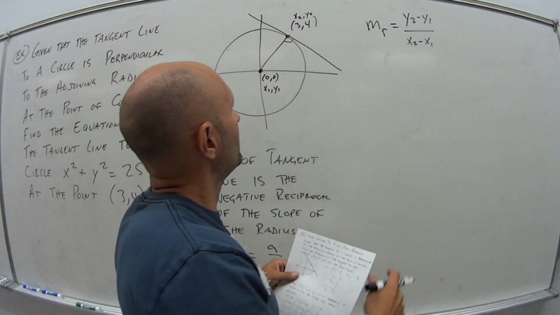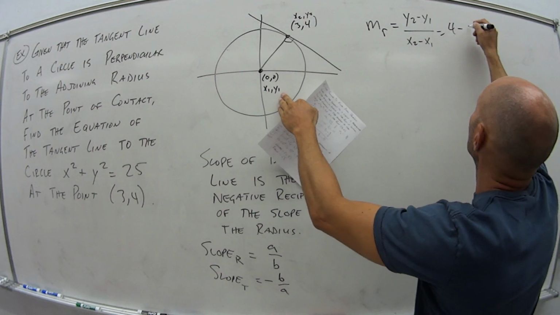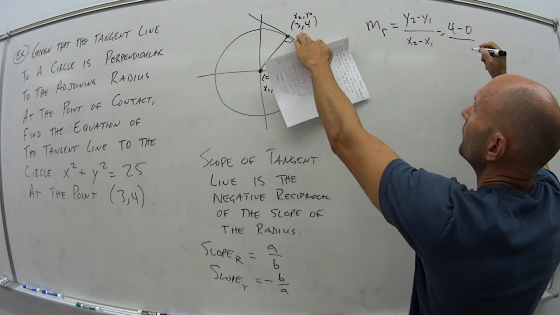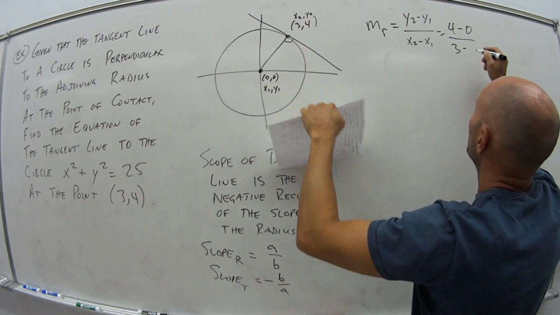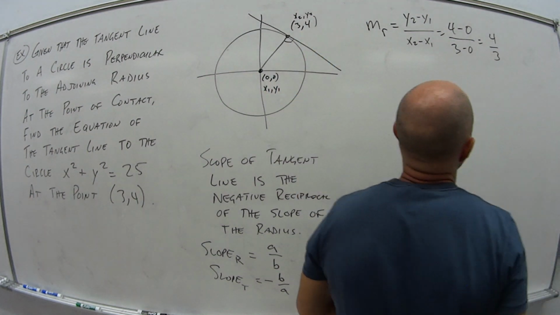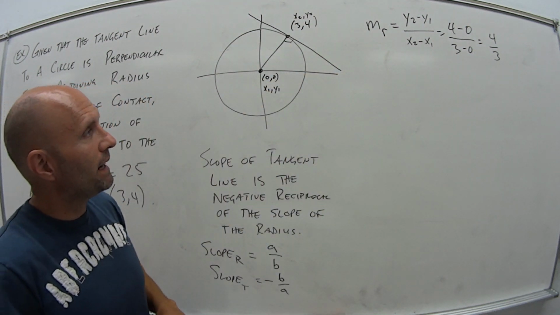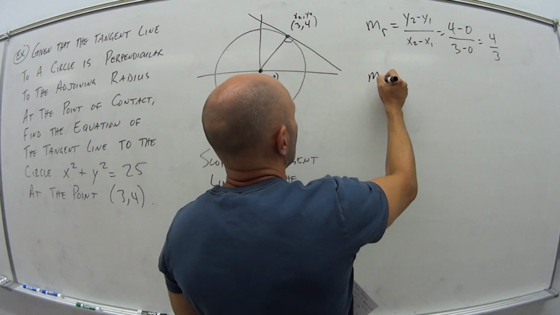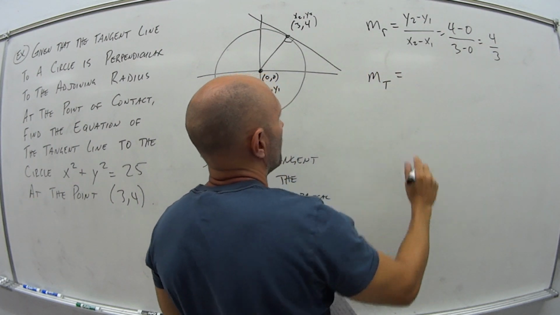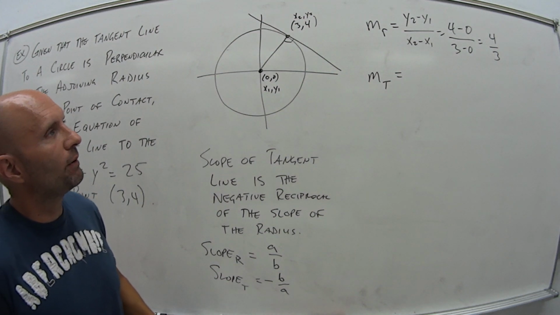So the slope of the radius is what? y2, which is 4, minus y1, which is 0, over x2, which is 3, minus x1, which is 0. So that's 4 over 3. That's the slope of the radius. So the slope of the tangent line, we'll call it m of t, is the negative reciprocal of the slope of the radius.